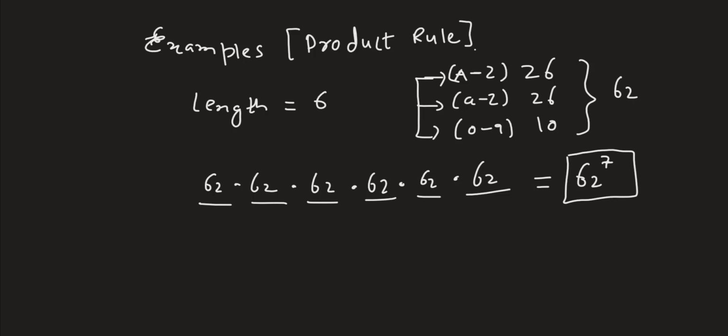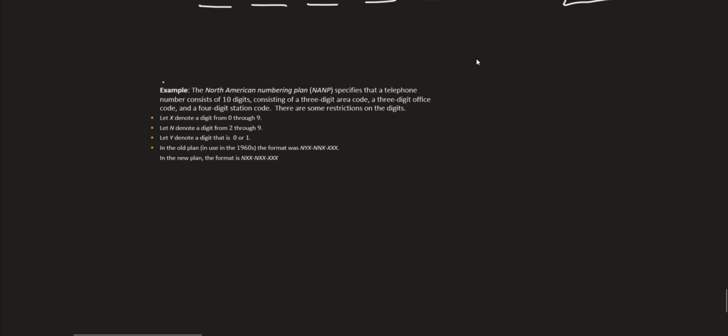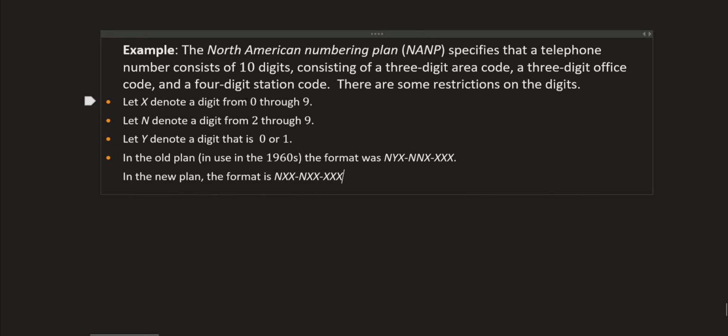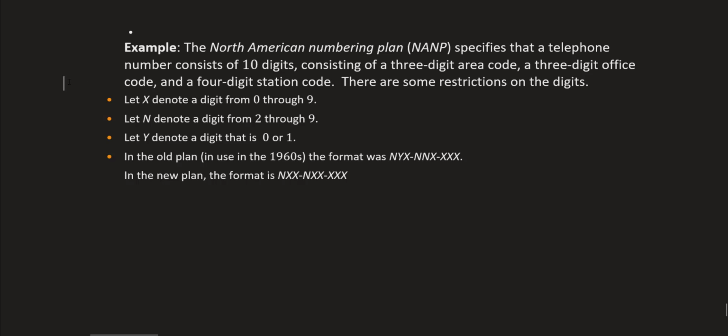Now let's take another example, which is related to the telephone numbering plan. This is another example related to the product rule. So what we are asked to do is, we have the North American numbering plan, which is a format with which we can generate the telephone numbers, and it consists of 10 digits.